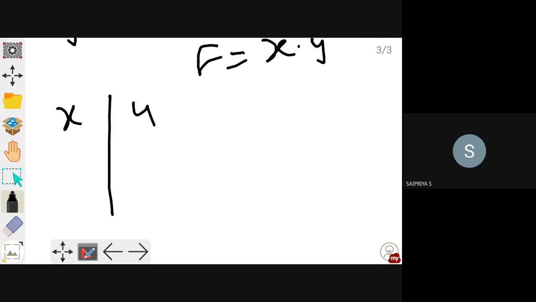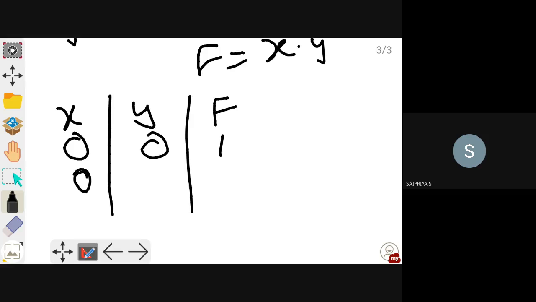X, Y, then F. So 0, 0. So 0 into 0 is 0. You invert it, you get 1. And 0 and 1. 0 into 1 is 0. You invert it, you get 1. Then 1, 0. 1 into 0 is 0. You invert it, you get 1.